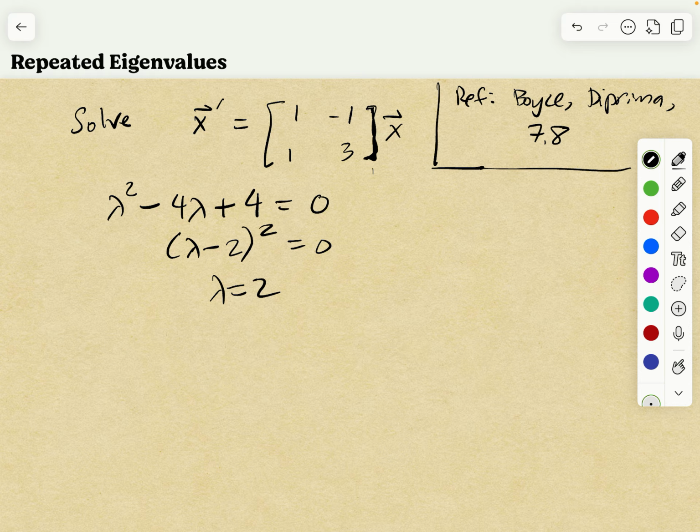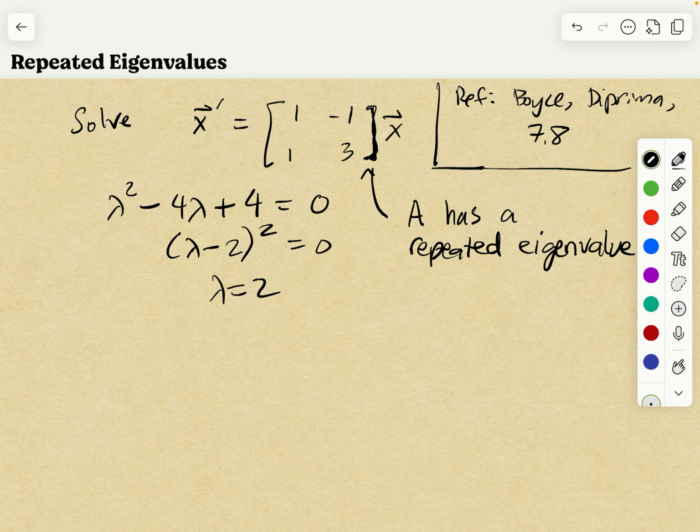So A has a repeated eigenvalue, it's a 2 by 2 matrix, and it's not a diagonal matrix, so A is not diagonalizable.